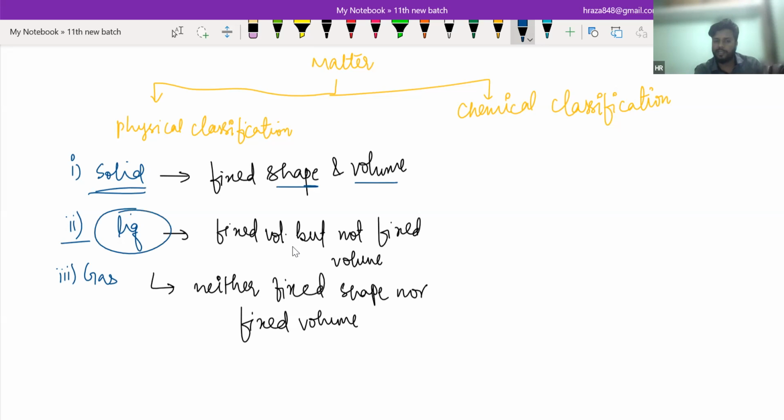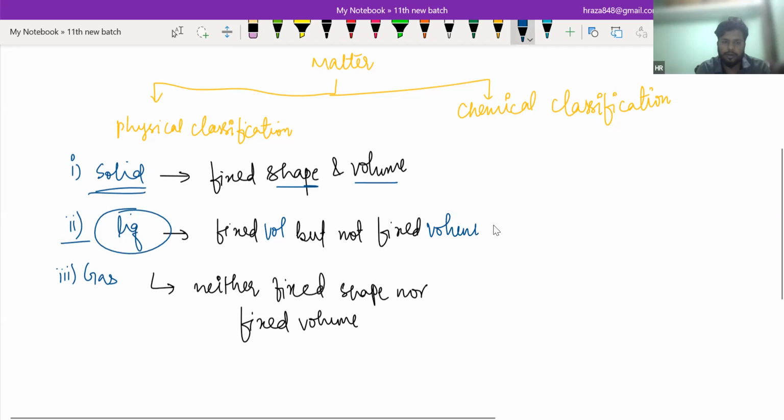What about liquid? Liquid has fixed volume, but wait a minute, I just wrote it wrong. Fixed volume but not fixed shape. So what I was saying is liquid has fixed volume but not fixed shape.